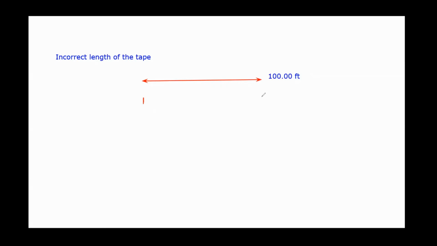And surveyed between the monuments and found the tape is not a 100-foot tape, but it's actually 100.02 feet, or maybe 99.99. So it's a little bit less or more than 100 feet. Now, of course, I can't find it 90 feet or 99 even. It will be within a margin of a few hundredths of a foot. I can't really return the tape. It's still usable if it's plus or minus 3/100ths of a foot.